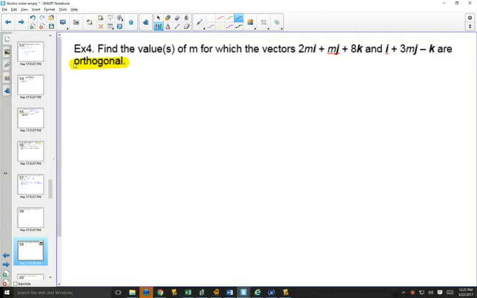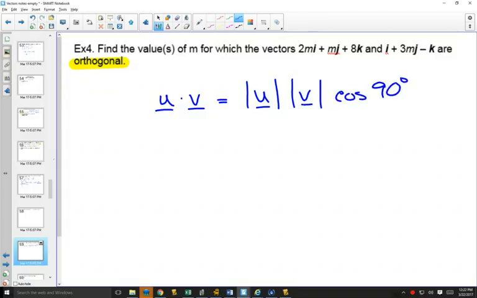So if we're thinking about our dot product formula, if this is equal to 0, my whole right side of my formula will equal 0. So if I know that, I now know that u dot v has to equal 0.